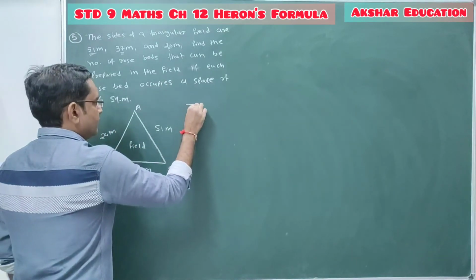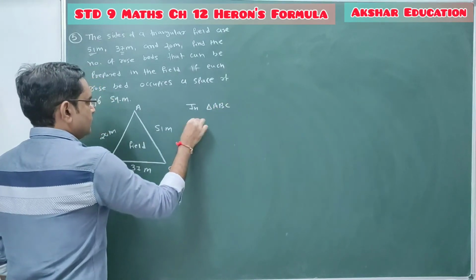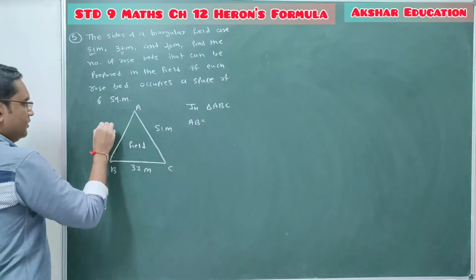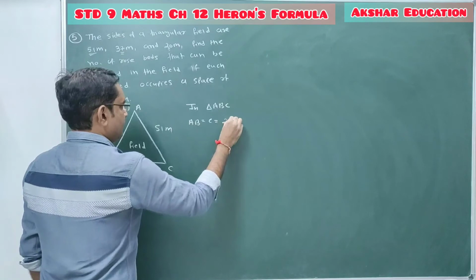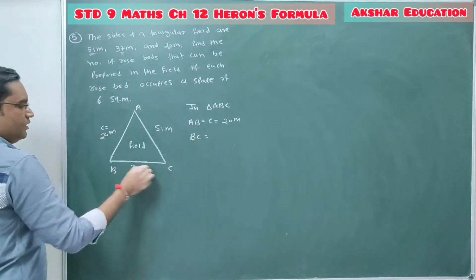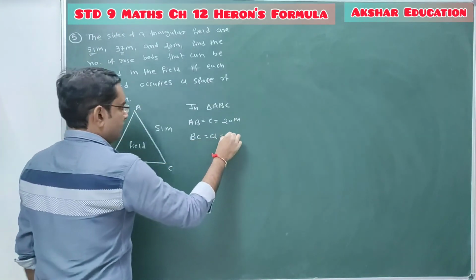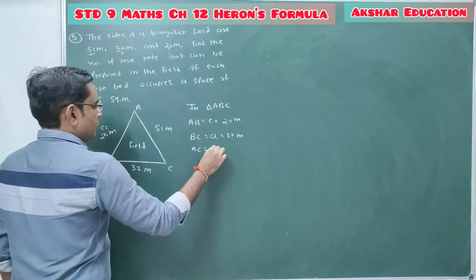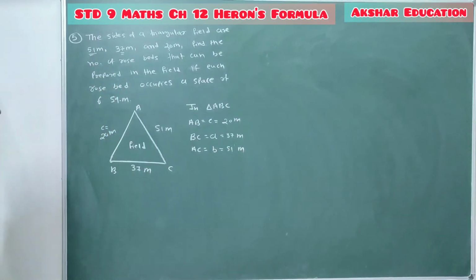So in triangle ABC, side AB is the opposite side of angle C, which is small c, equal to 20 meter. Side BC is the opposite side of angle A, small a, which is equal to 37 meter, and side AC, small b, is equal to 51 meter. So 3 sides are given.